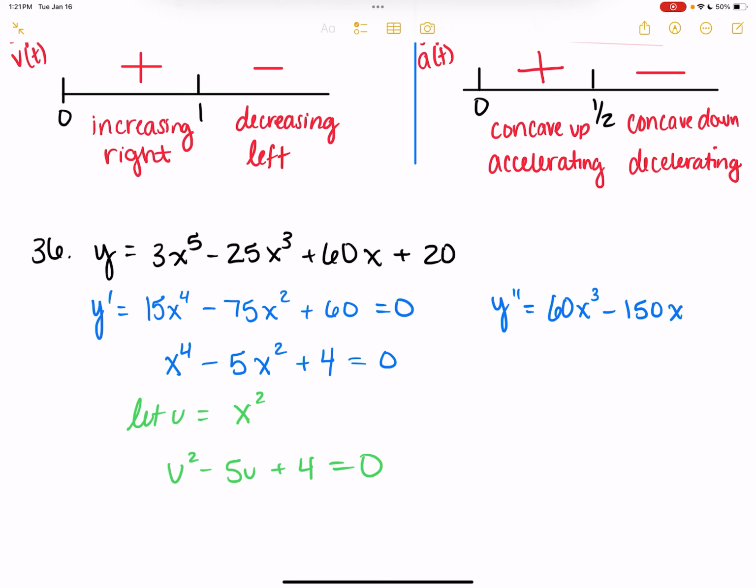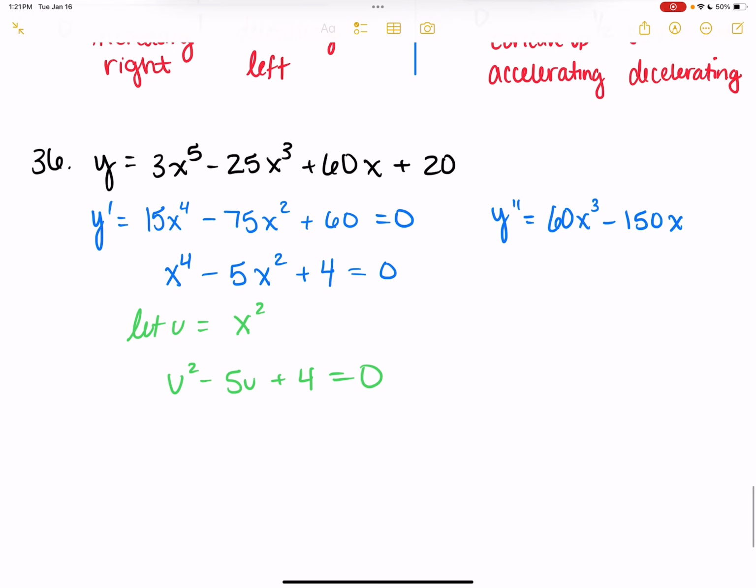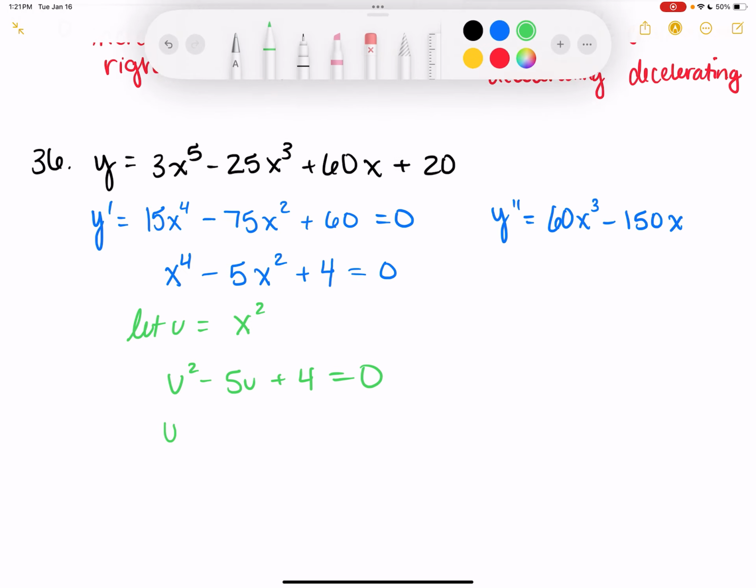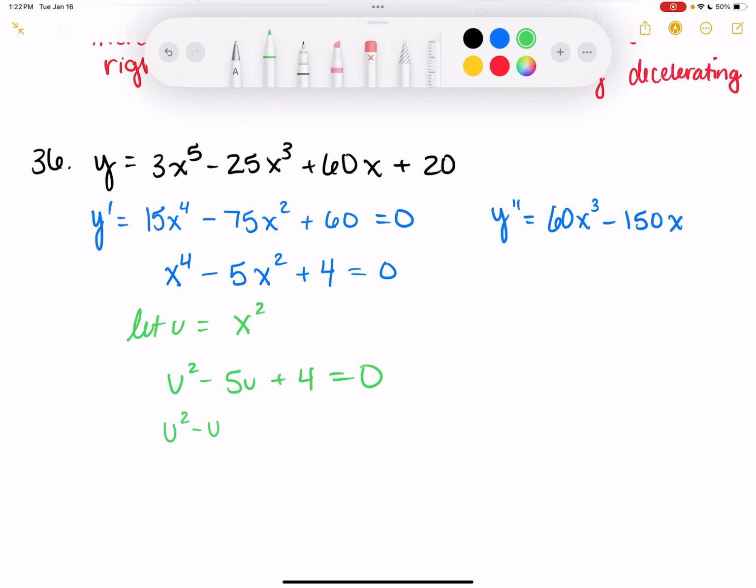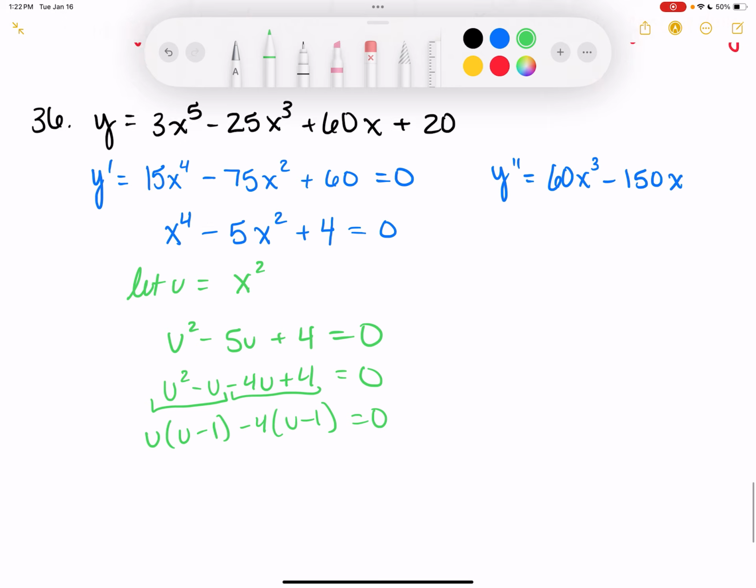Now I can factor with a negative 1 and a negative 4: u squared minus u minus 4u plus 4 equals 0. That makes it easier to break down. Factoring out gives u minus 4 times u minus 1.